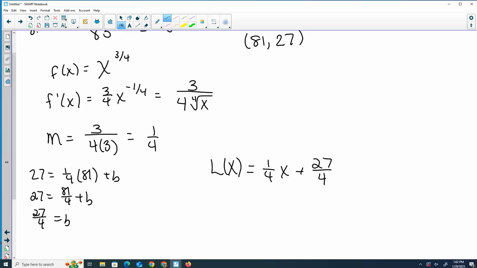And this time we are trying to approximate 83. So we need to do the linear approximation of 83. So 83 over 4 plus 27 over 4 is 110 over 4, which is 55 over 2, or 27.5.